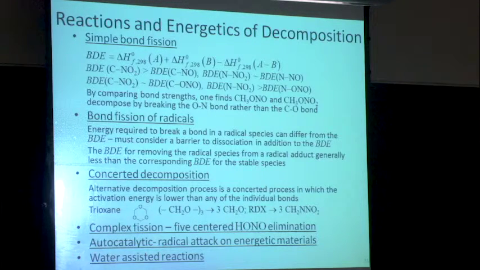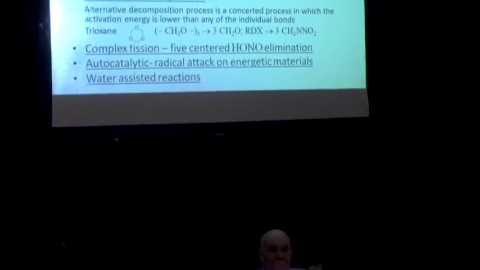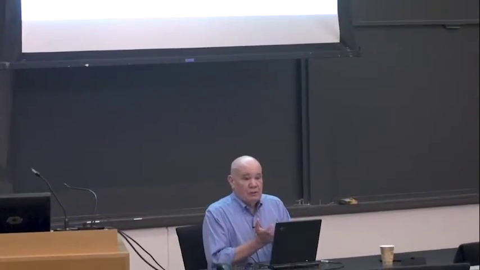An unusual reaction that one sees at very high heating rates is what's referred to as concerted decomposition. So this is where I potentially have some sort of ring structure, either something like RDX or HMX that I showed you, or even a simpler case where I have trioxane, which is just 3 formaldehydes in a ring.